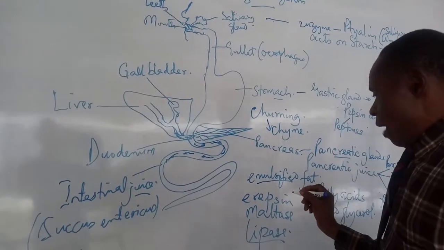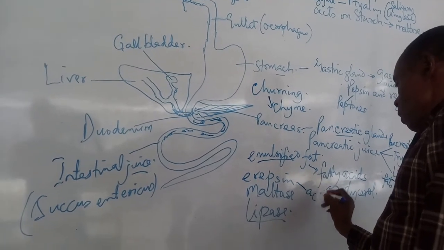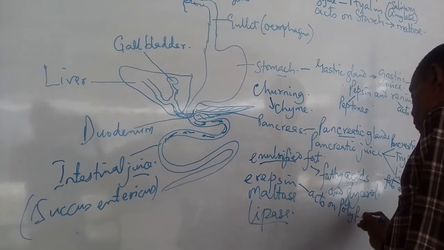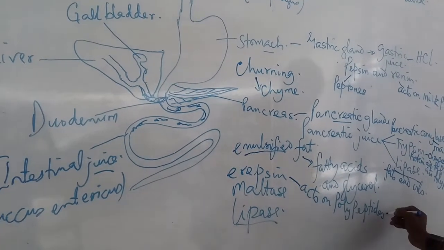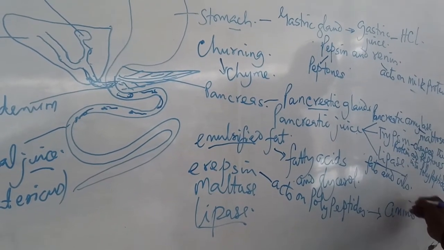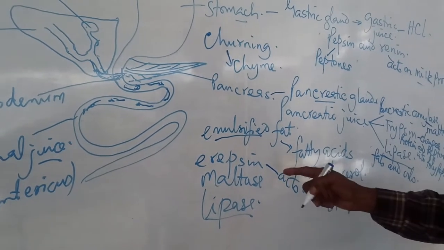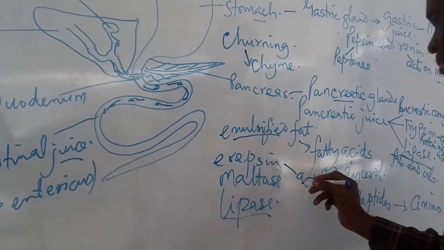Erepsin here is a protein enzyme, and it acts on the polypeptides, converting them into amino acids, which is the end product of protein digestion.